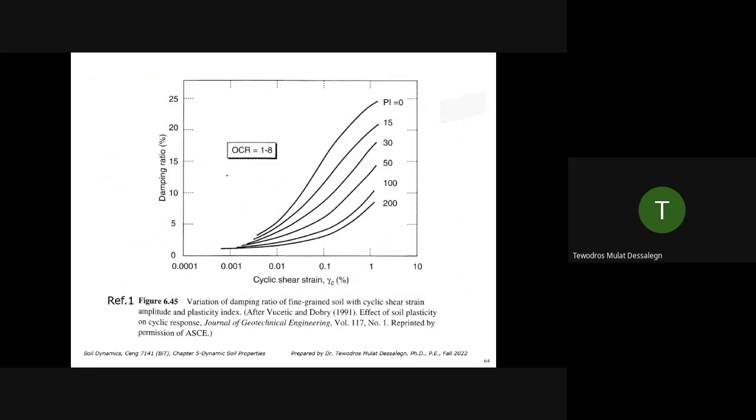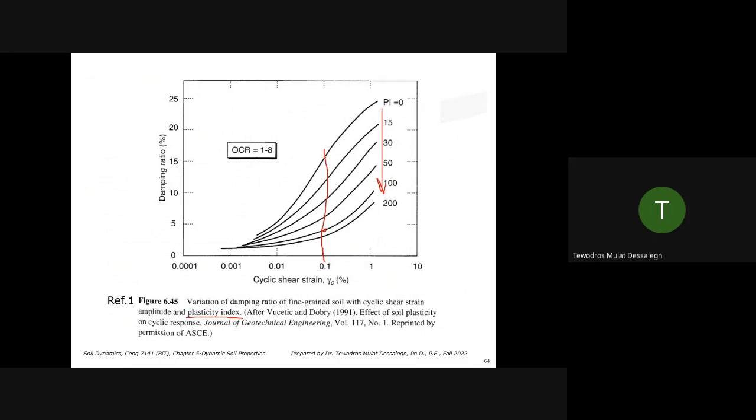Similarly, this is the variation of damping ratio of fine-grained soil with cyclic shear strain amplitude and plasticity index. Different plasticity index affects damping. The higher the plasticity index, is the damping lower or higher? Let's say plasticity index 100 at 0.1 strain.